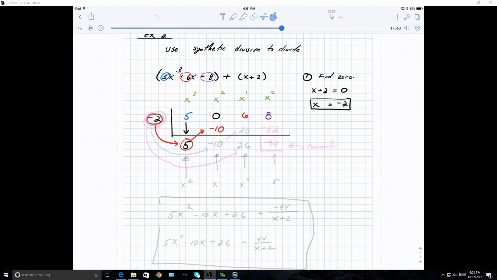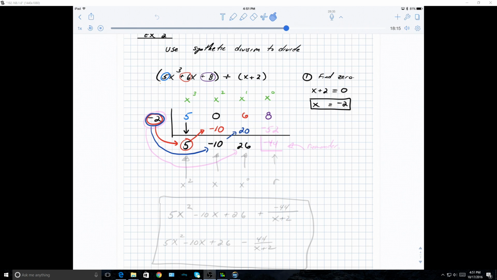And then we combine what's in that column. So 0 and a negative 10 gives us a negative 10. And now we follow the same process, the negative 2 times the negative 10, which gives us a positive 20. And then we combine the 20 and the 6 to make 26.